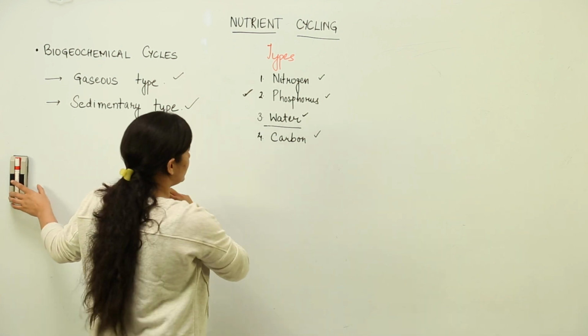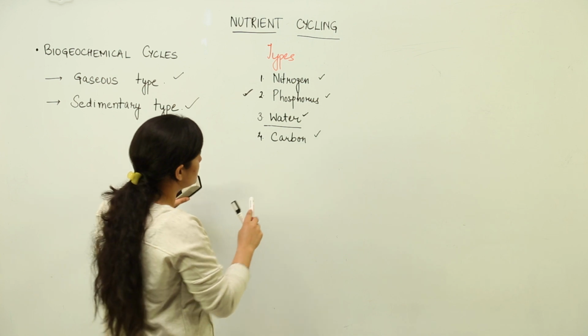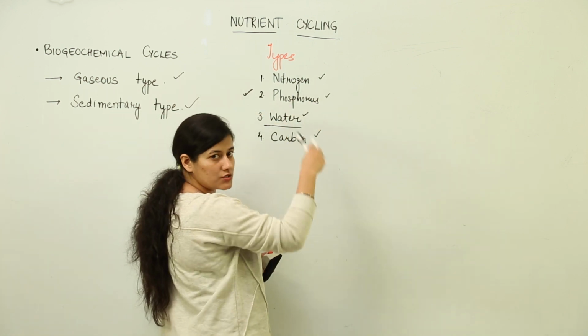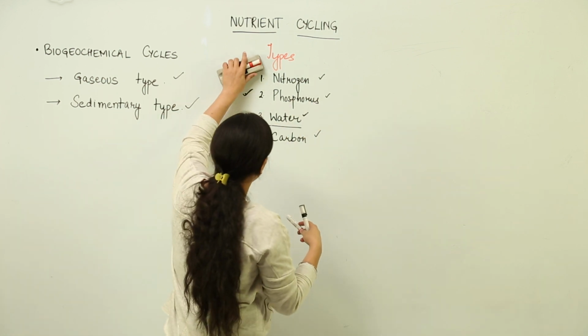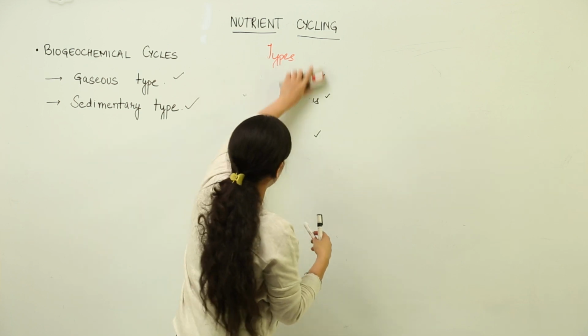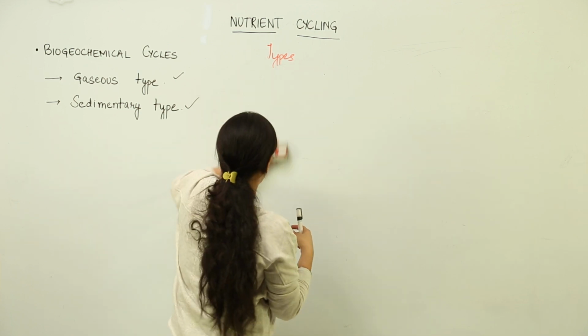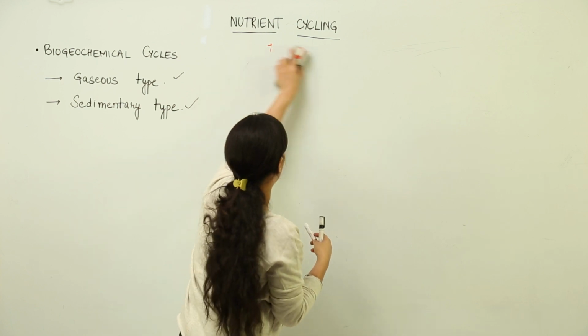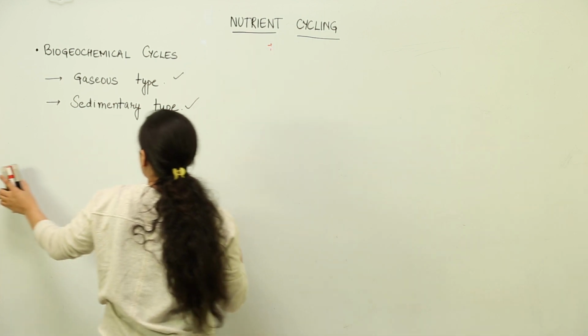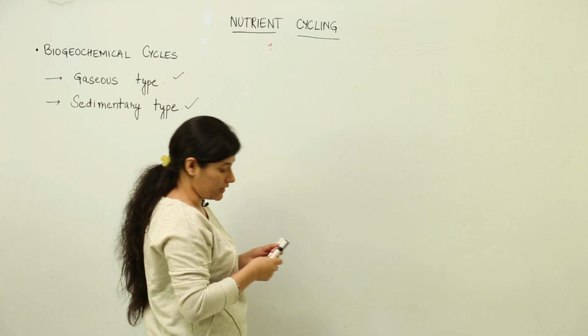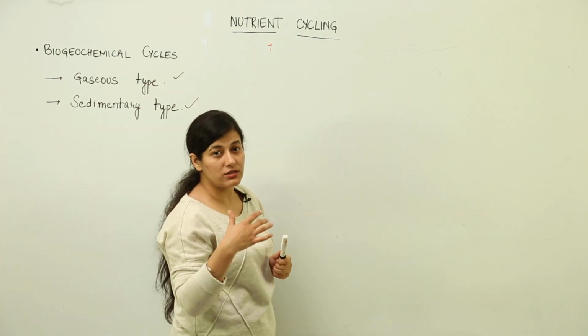Now, do pay attention that I am not talking about oxygen over here, because when these things are being cycled, oxygen automatically would be cycled. Now, we will take each type one by one. But before that, do understand the ethos of nutrient cycling, meaning how this nutrient cycling is going to take place.